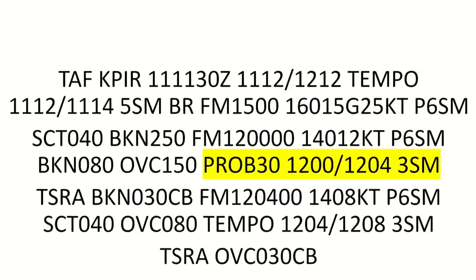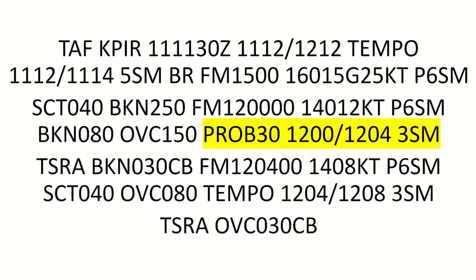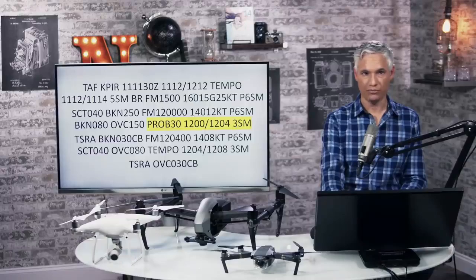And there's a 30% probability. PROB30 means a 30% probability on the 12th day of the month. This is a time period with a slash in it, from 0, which is midnight, to 4 a.m., of visibility dropping to 3 statute miles. 30% probability of that.